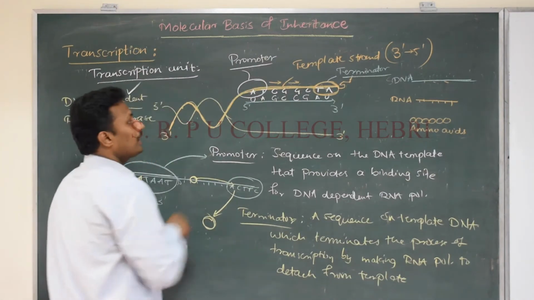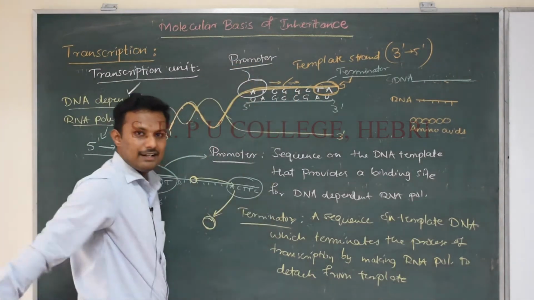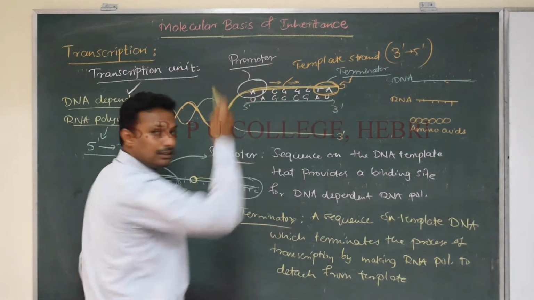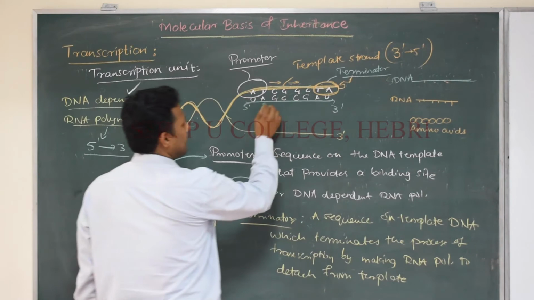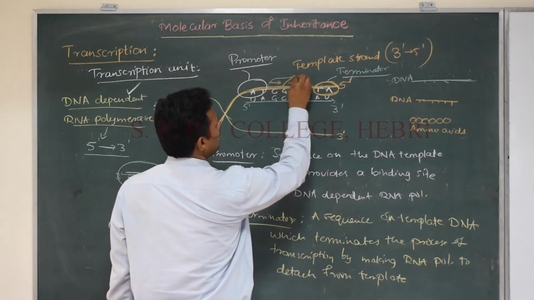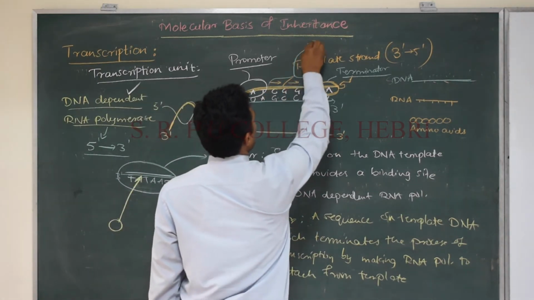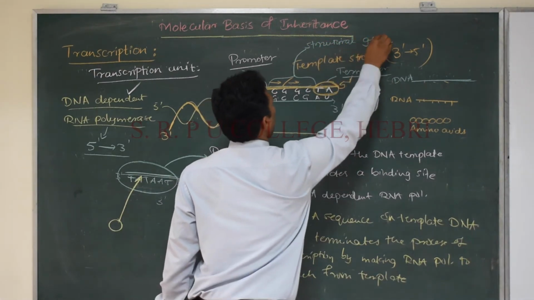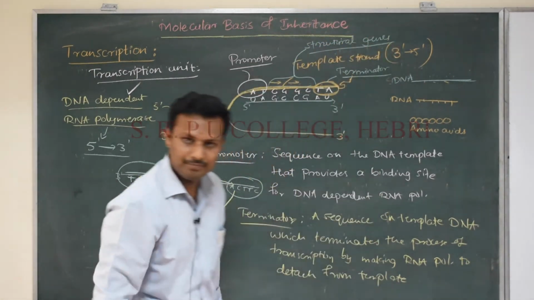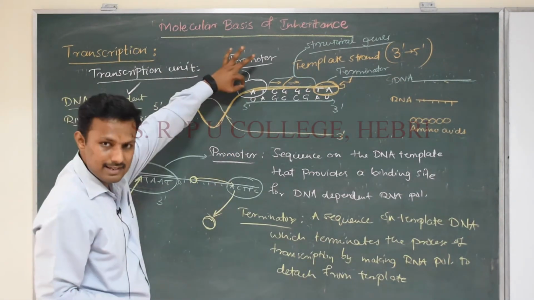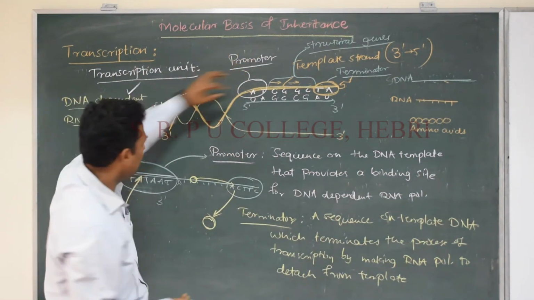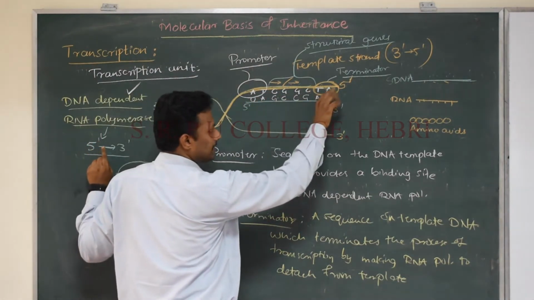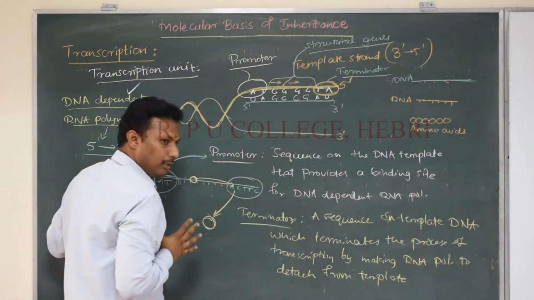But what is the sequence in between the promoter and the terminator called? They are called structural genes. Why are they called structural genes? Because the promoter binds the enzyme here, and the terminator detaches the RNA polymerase as soon as it arrives here.